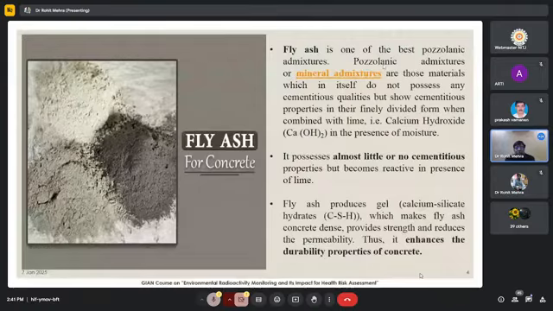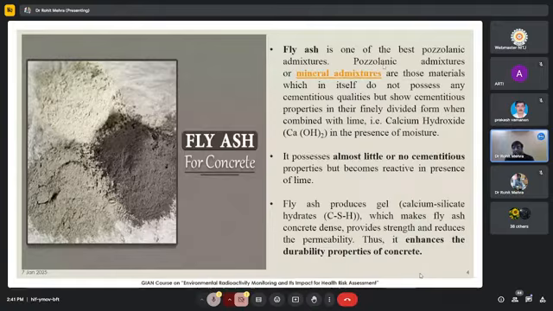The first one: the dumping of fly ash was a problem and we were having a lot of residue of fly ash from our thermal power plants, so a solution was provided that fly ash will be taken by the cement companies during the manufacturing of cement, and commercially they will sell only the PPC cement, which contains nearly 30 to 45% of fly ash.